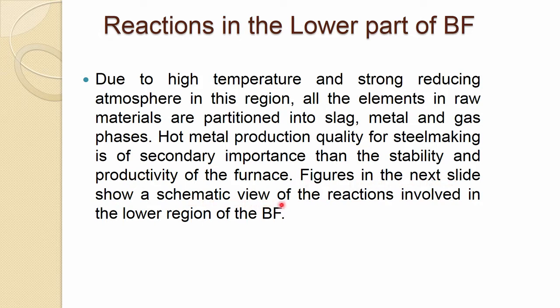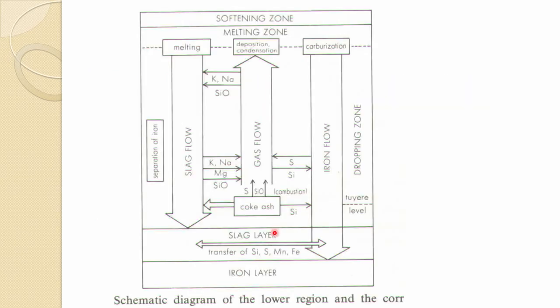A schematic view of the reactions involved in the lower region of the blast furnace. So, we are starting after the softening zone: melting and the hearth region. From the melting zone, as you know, liquid comes out, and the liquid is in the form of slag and iron.